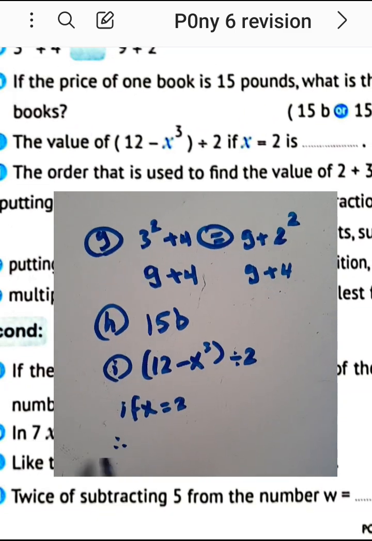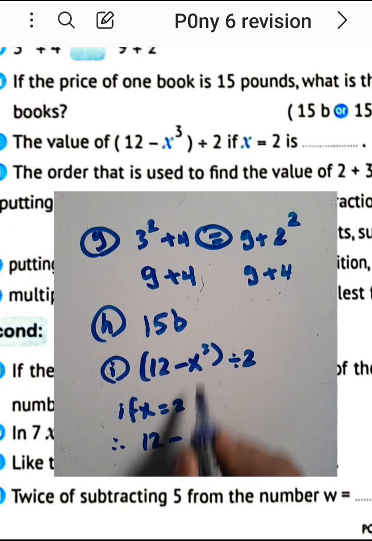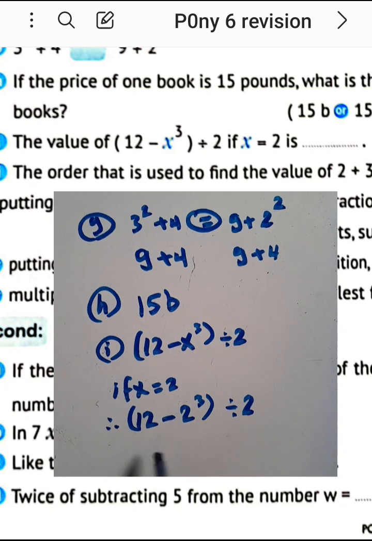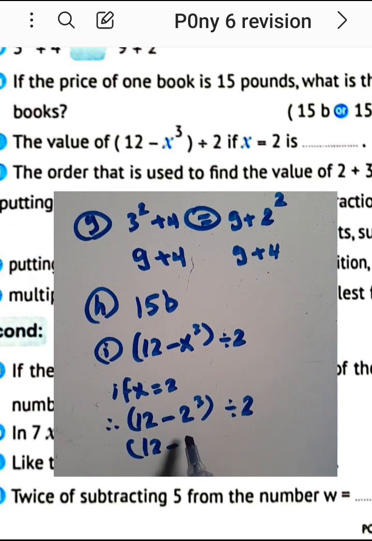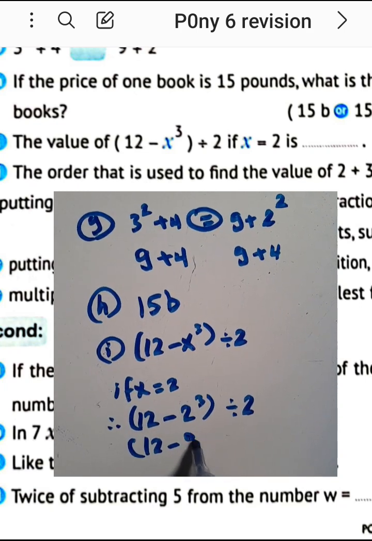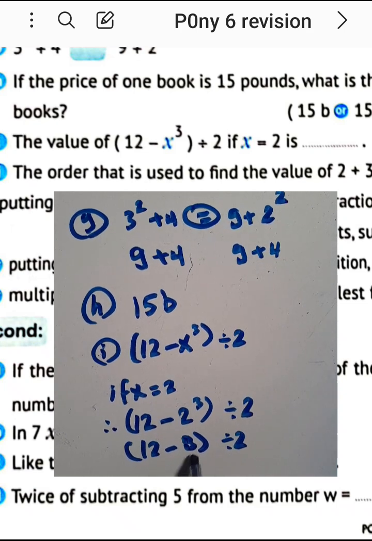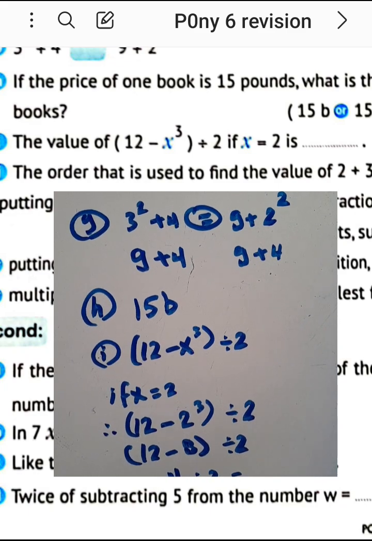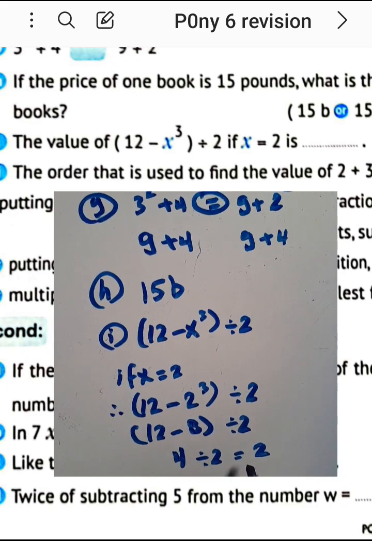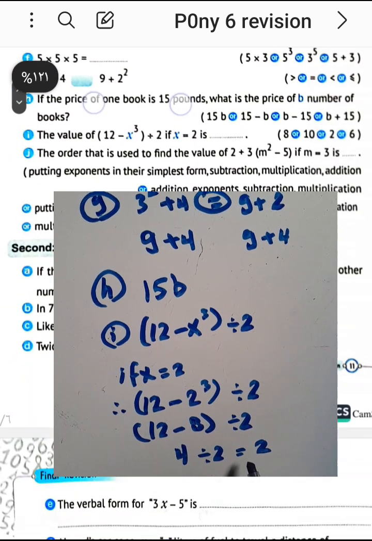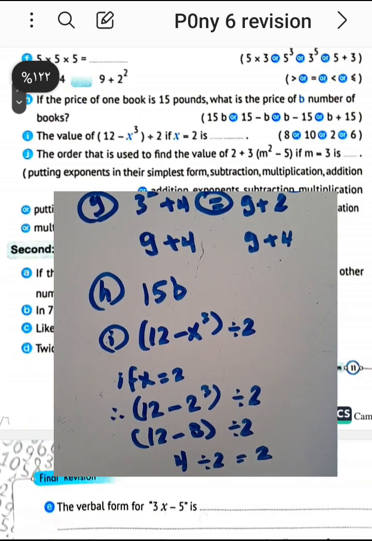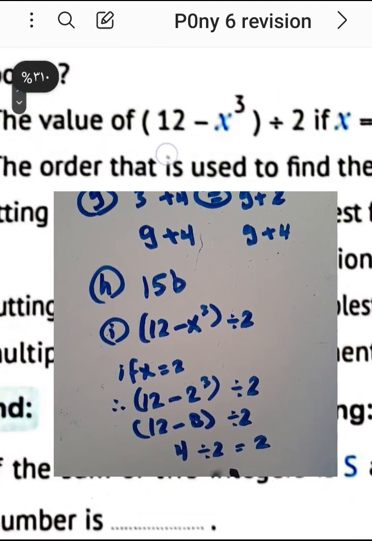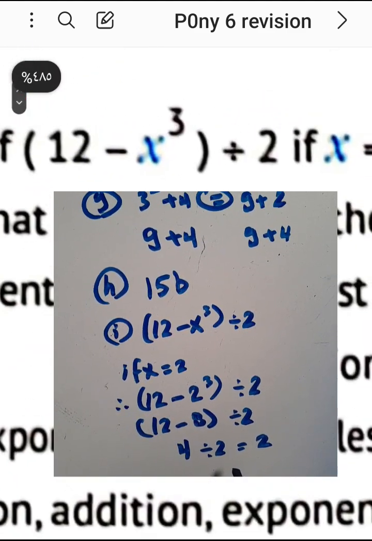The result will be 12 subtract 2 power 3 divided by 2. 2 power 3 means 2 times 2 times 2, which is 8, divided by 2. 12 minus 8 equals 4, and 4 divided by 2 equals 2. The result will be 2. This sign here is division.